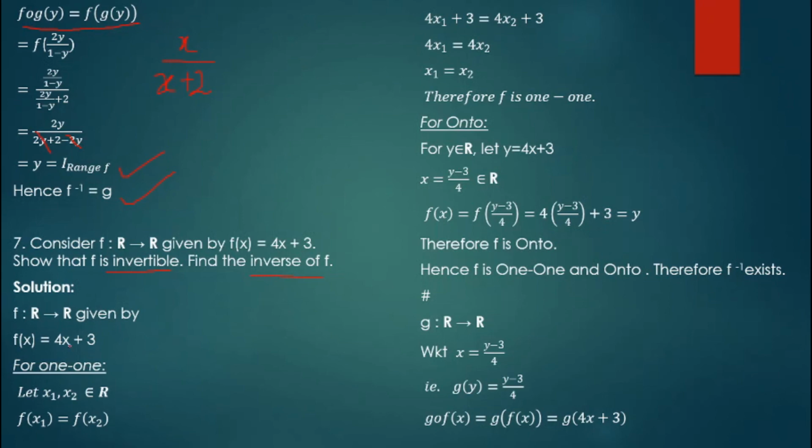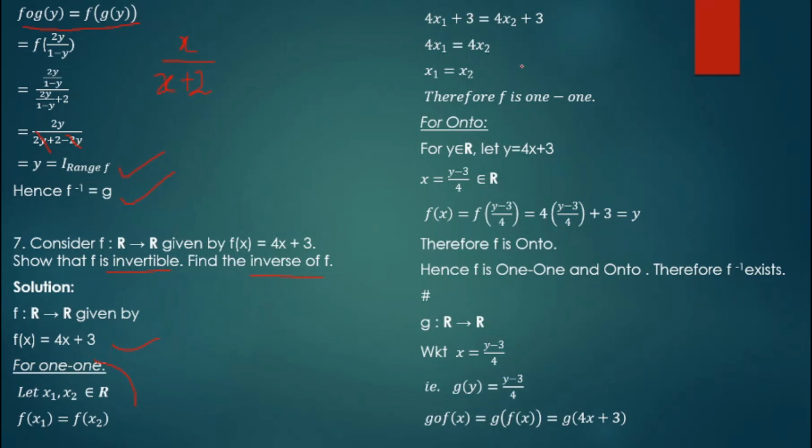Okay, so first we'll check for one-one. So we know the mathematical representation as written here. Let x1, x2 belong to R. f of x1 equal to f of x2, and we know that f of x is 4x plus 3, and here we write 4x1 plus 3 equal to 4x2 plus 3.